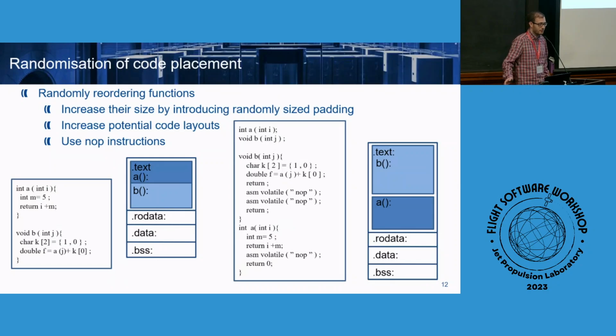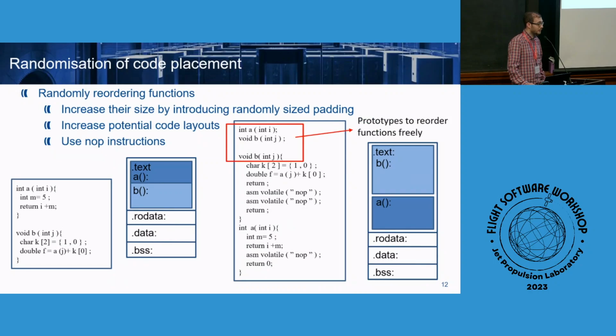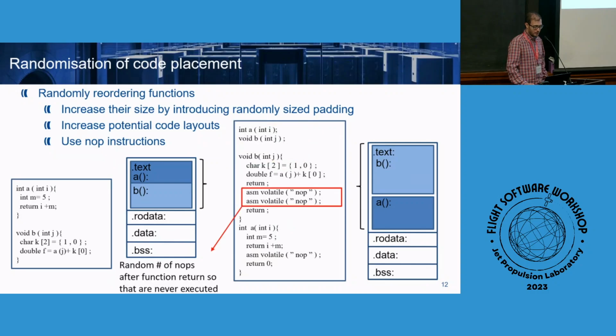So now let's see how we perform code randomization. As I said, it's very simple. We just change the order of functions in our source code. This means that in C code, we also have to introduce prototypes. And in order to explore more memory layouts, we also add a random number of NOP operations after the return point of our function, so we can ensure that they are never executed.